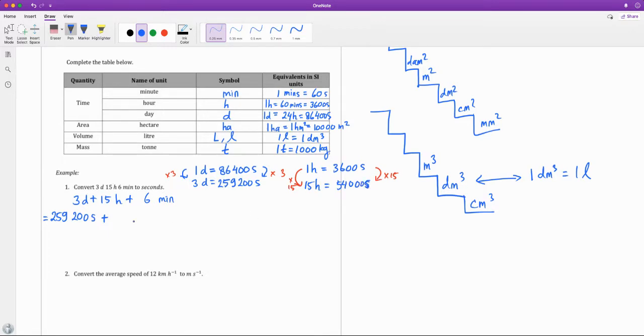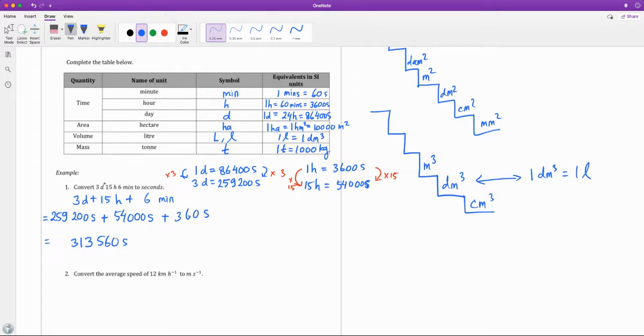So 54,000 seconds plus 6 minutes. So 6 times 60, 360 seconds. Then we add. In total, we have 313,560 seconds.